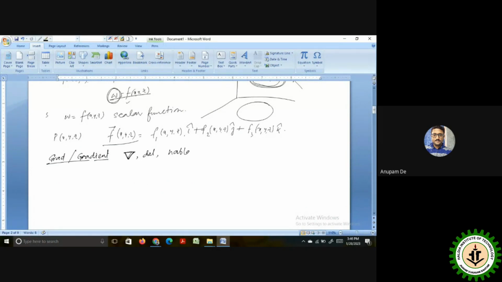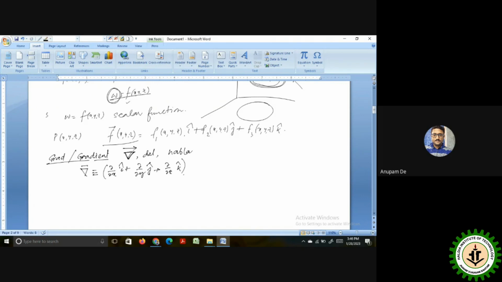And whenever we give it a vector form, it is known as the vector del operator. The expression for this is: it is an operator having the form del/del x of i plus del/del y of j plus del/del z of k. So this is the vector differential operator nabla.